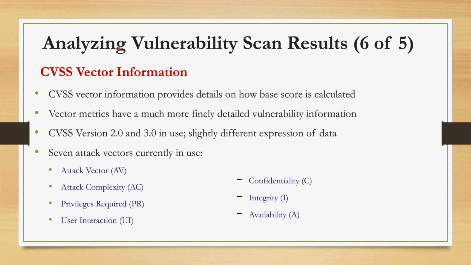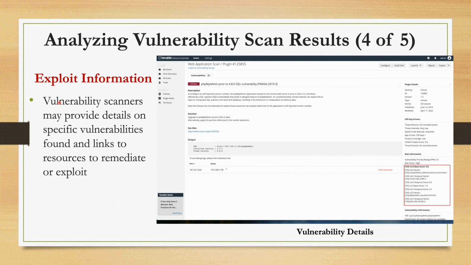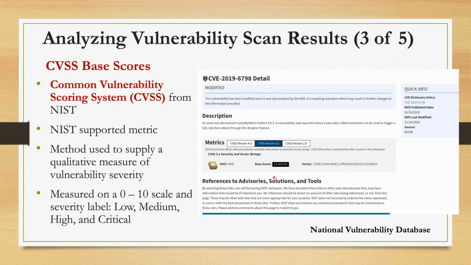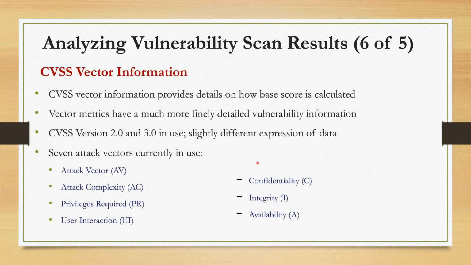Now, for analyzing, there is the CVSS vector information. The CVSS vectors detail the factors behind the vulnerability's base score, the one you just saw here. That's the base score right here on the screen, 9.8. This provides a deeper understanding than a simple severity rating.